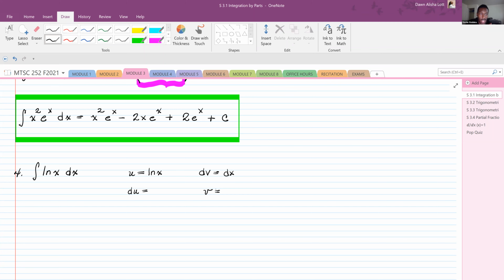Anybody else want to give me the derivative of log x? Is it 1 over x? 1 over x, what? dx. You know what you have to put there.